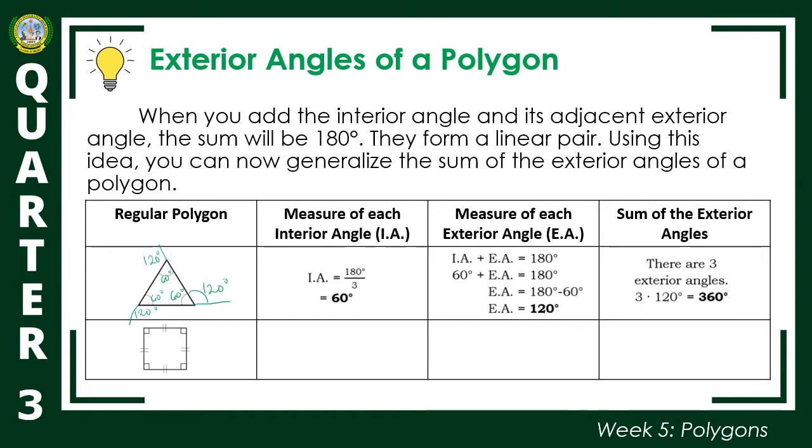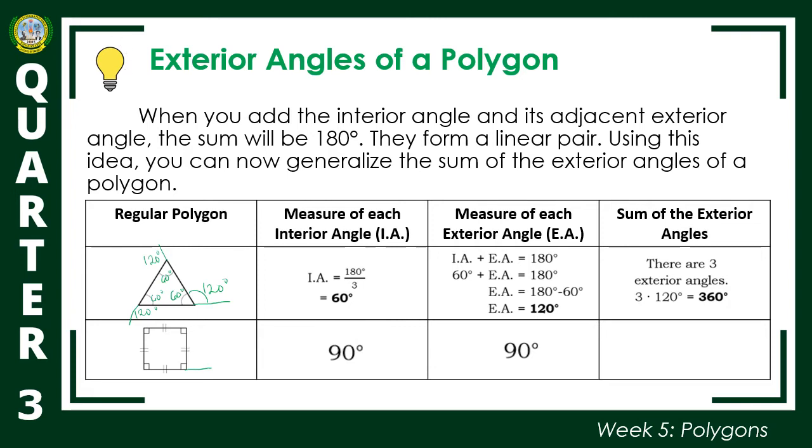Ayan. So, since ang sum po ng interior angles ng isang quadrilateral ay 360 degrees, at meron po tayong apat na interior angles, 360 divided by 4 is 90 degrees. So, bawat isa po niyan ay 90 or right angle. Pag nag-drawing tayo ng exterior, so let's draw the exterior angle. Since right angle po yung interior natin, that means right angle na rin po yung ating exterior.